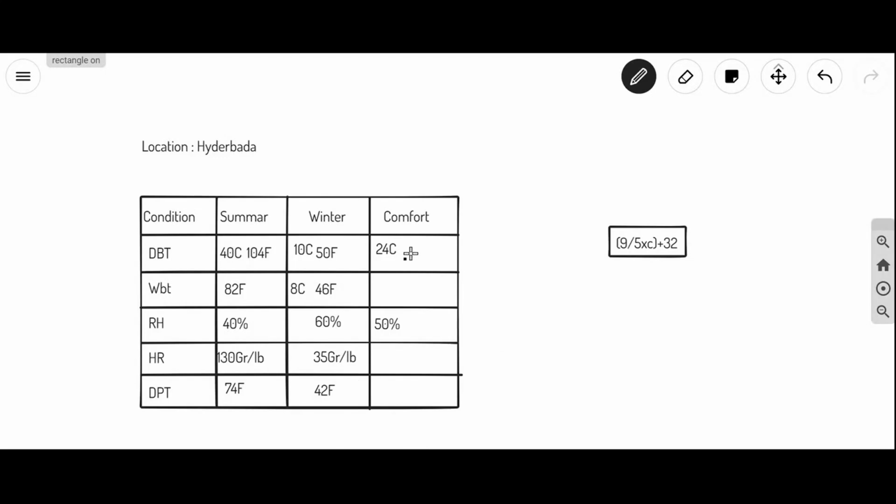Next. DBT, sir, 75.2 degrees Fahrenheit. WBT? 63.